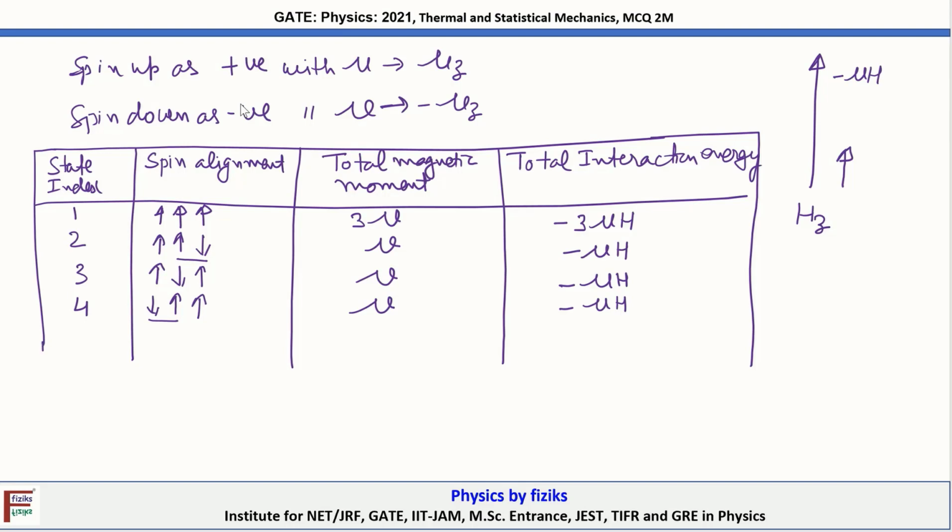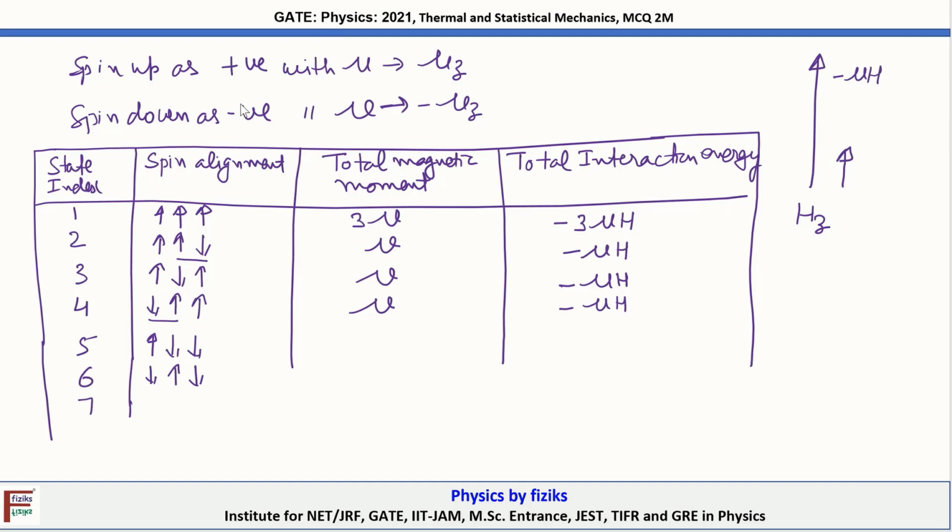This way you can work out the different possibilities. The fifth one is when one of them is up and two are down. The sixth one will be, now you just rearrange all these arrangements, first down, up, and then down.